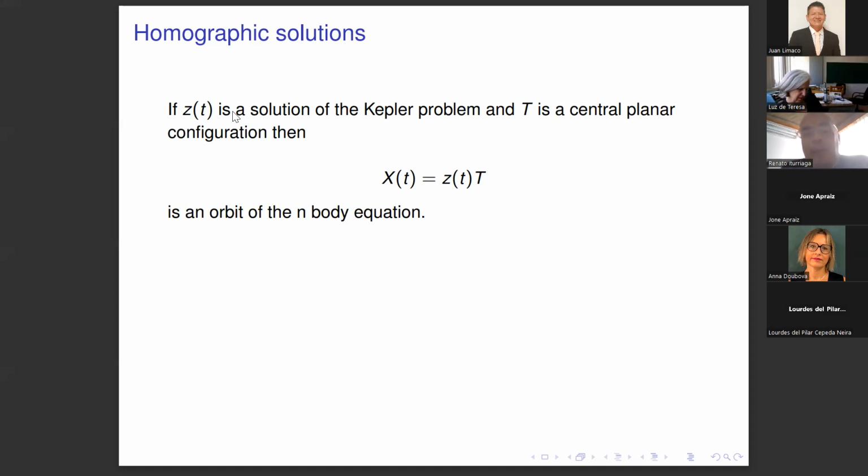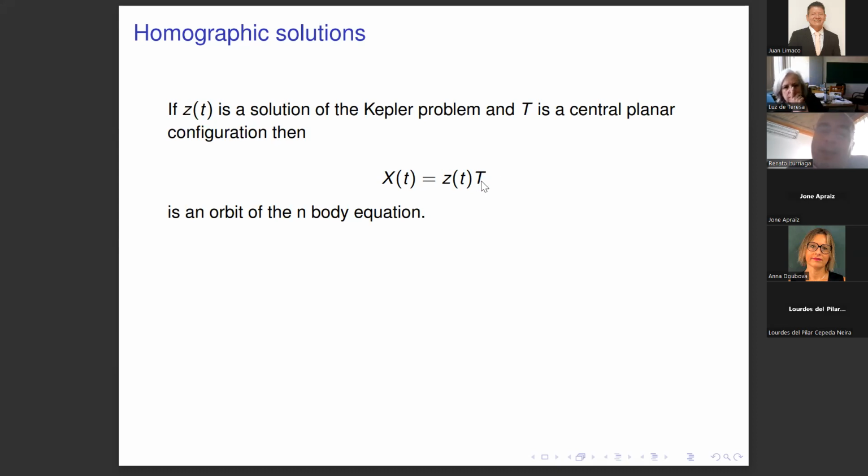So what I want you to think is that this T is contained in R^2N, and R^2N is just like C^N, and this is a kind of complex multiplication in each entry.